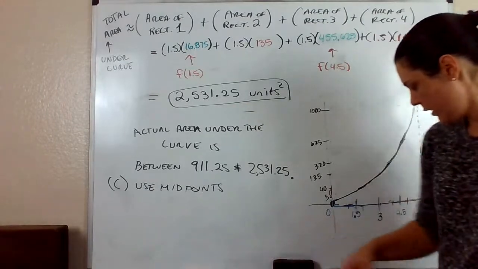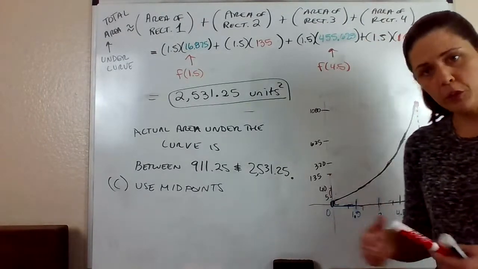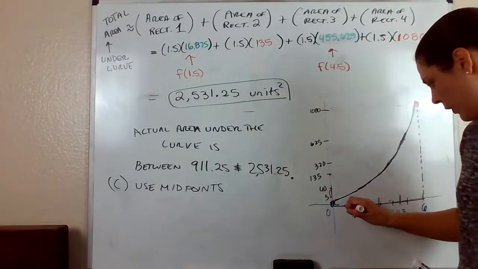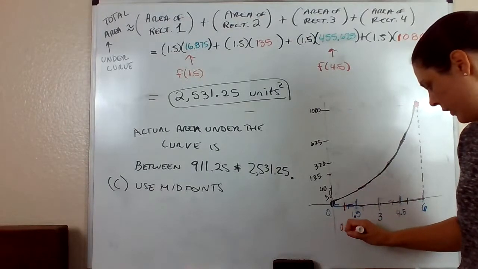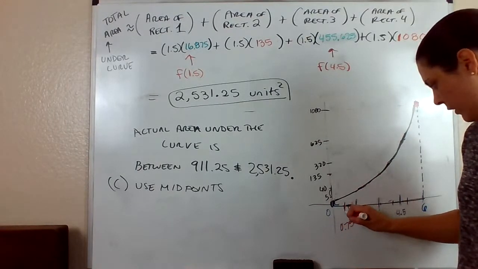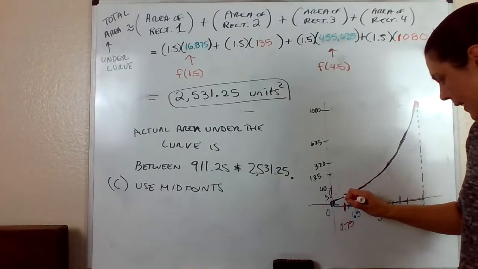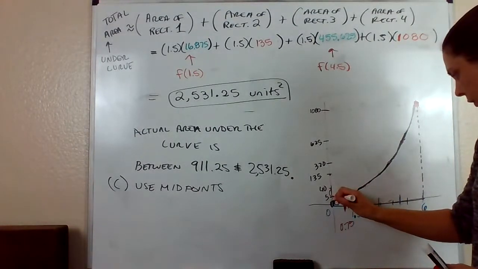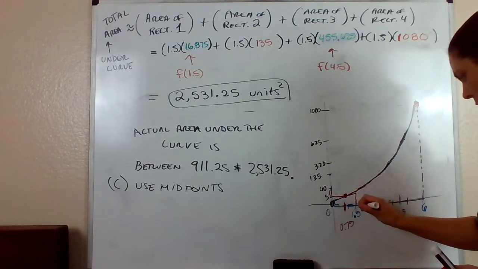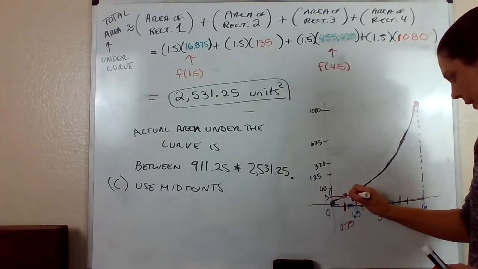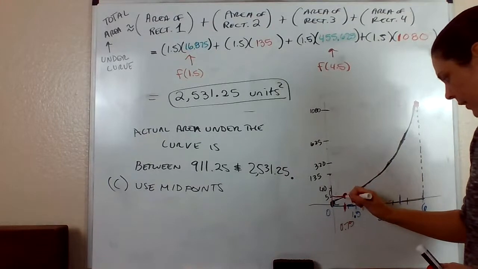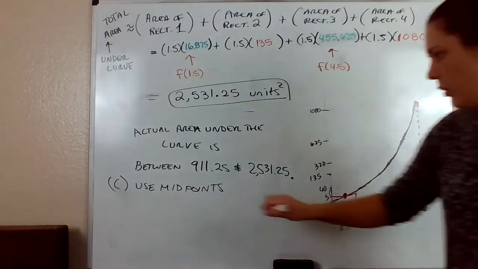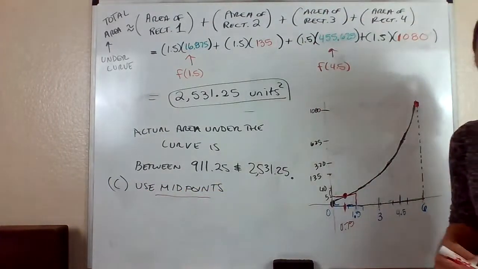It's 0.75. So 0.75 gives us exactly the middle, and that's the height of our rectangle. And so if I draw my rectangle across this width of 1.5, I take the height at the middle of the rectangle because I was told to use the midpoints.